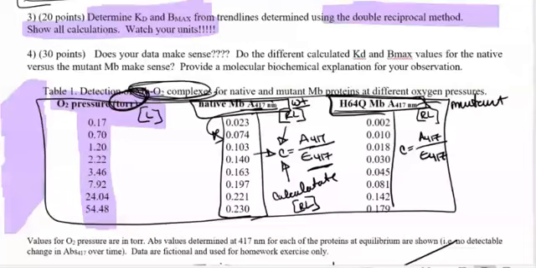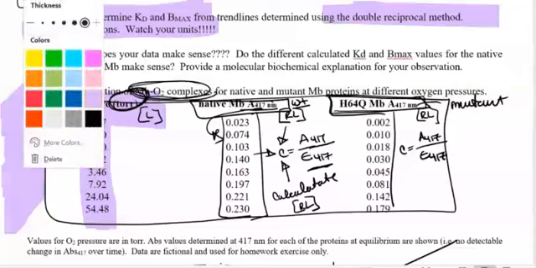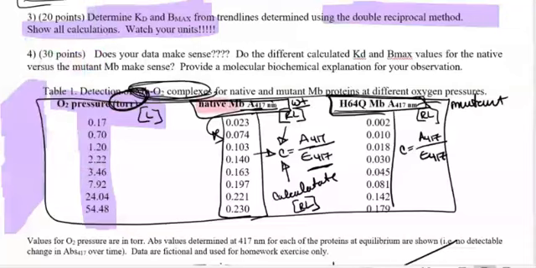In this column, you have the absorbance values. These are absorbance values for the receptor ligand complex concentration. So this is your receptor ligand complex concentration for the native or original unmutated wild type myoglobin.